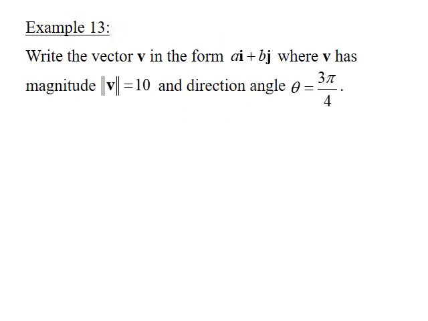Okay, so here I think it just makes more sense with an example. It says write the vector V in the form of I and J, where the magnitude is given to us. That's really nice, and the direction angle is given to us. So what we need to do is find A and find B. Remember, A is the magnitude of V times cosine of theta, where B is the magnitude of V times sine of theta.